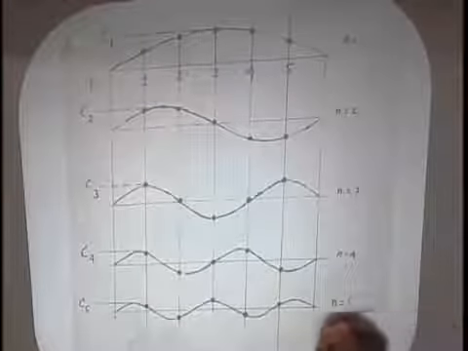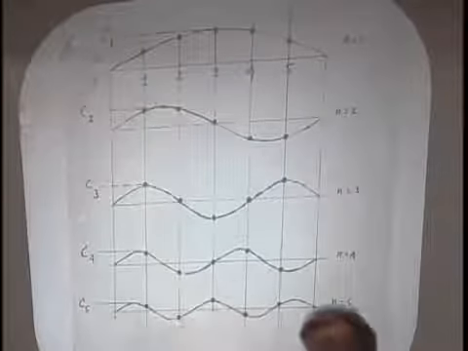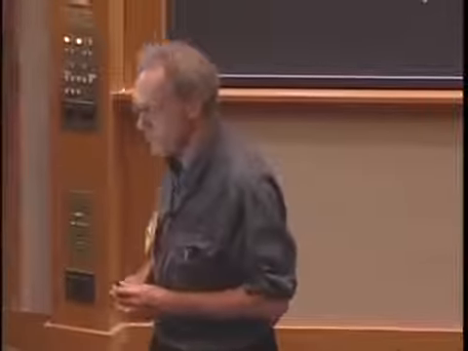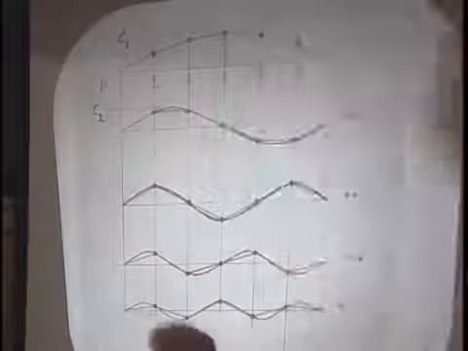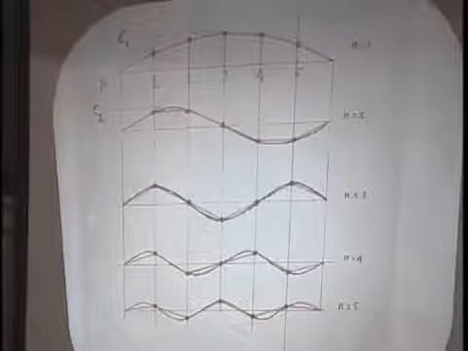What you will see, however, is that these beads are connected with straight wires, so you will not see those nice arcs. What you will see is, of course, this. The red lines are the actual strings.